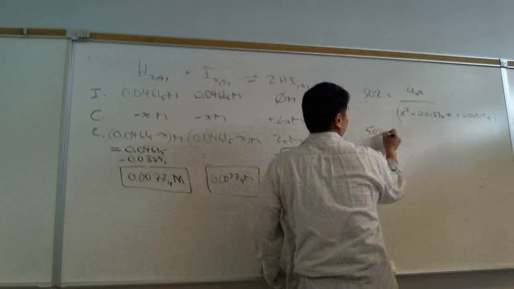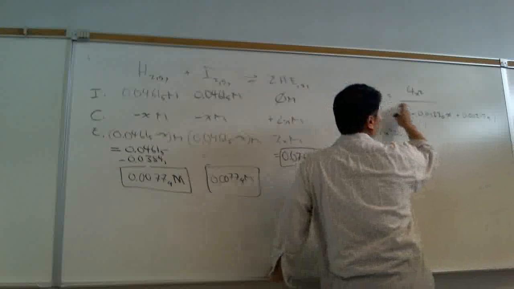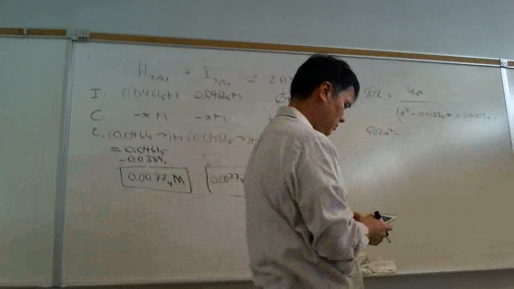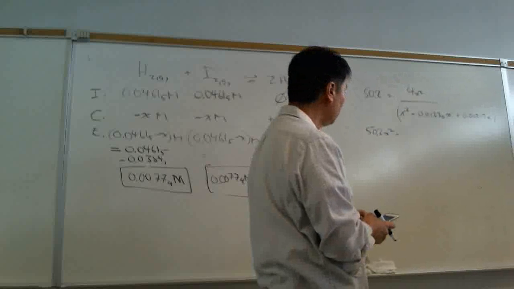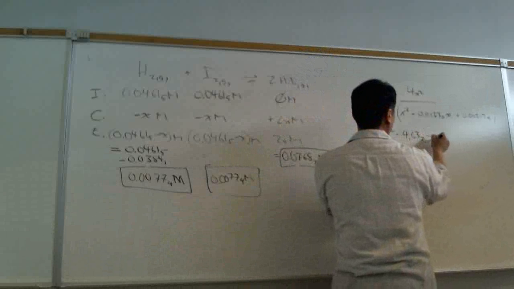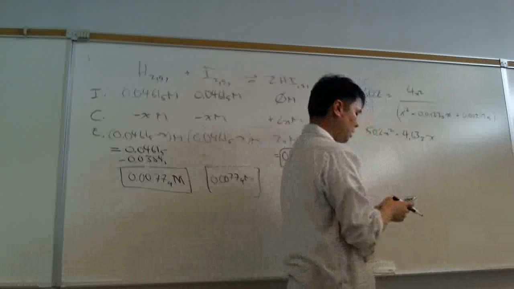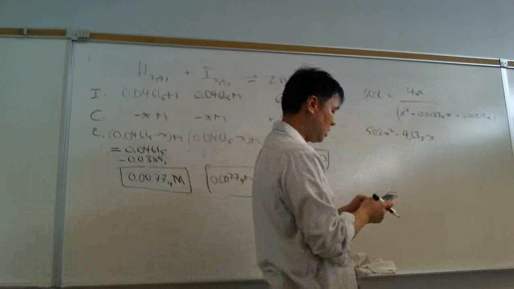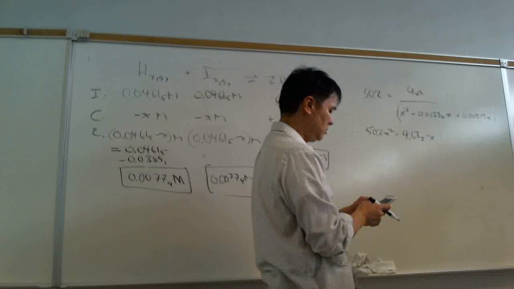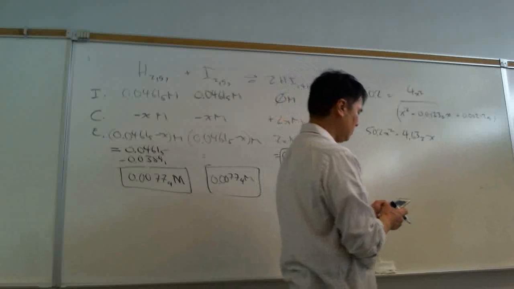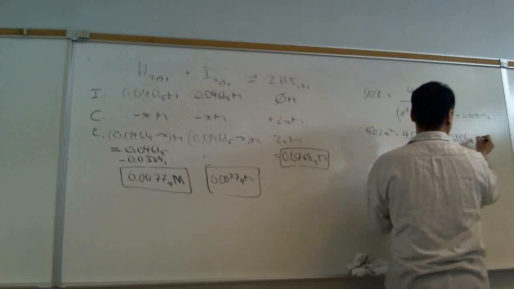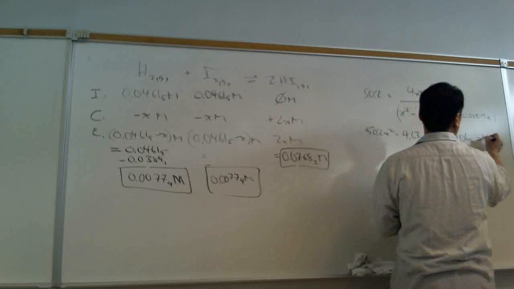Then I went to 50.2x squared minus 50.2 times 0.0923. But it's times negative, so that's negative 4.633x. And then 50.2 times 0.002129 is plus 0.1068, which is equal to 4x squared.